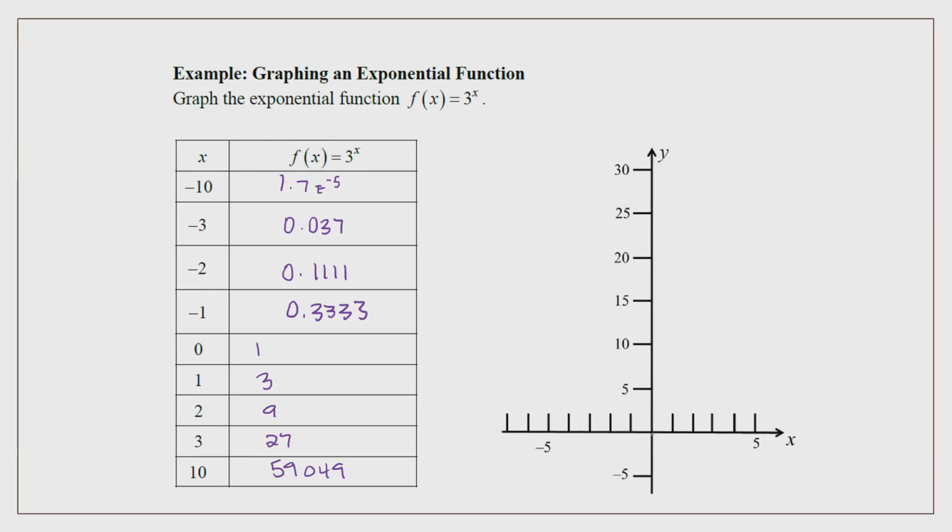So I have 0, 1. We're going to make that right here. And then 1, 3. And then 2, 9. And then 3, 27.